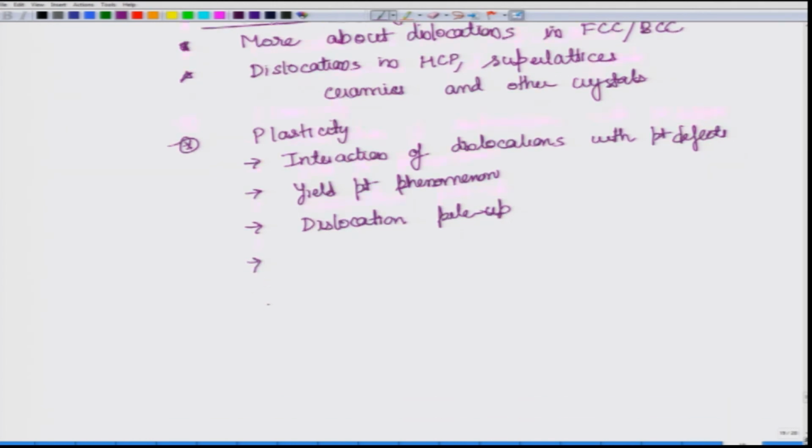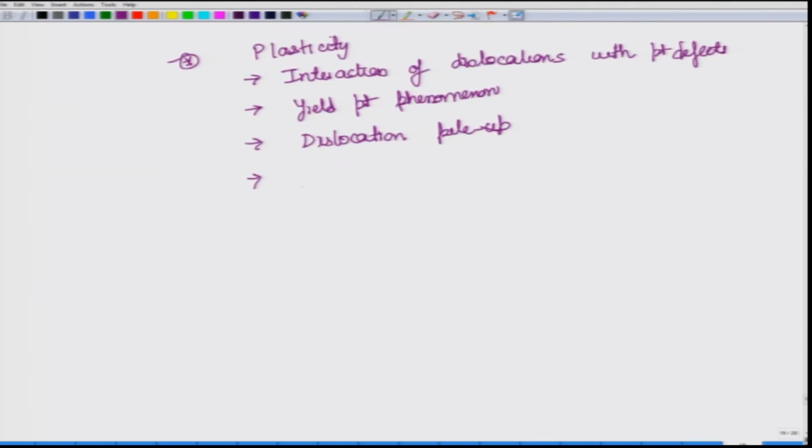We will also understand Frank-Read source of dislocation. So, somewhere the dislocations must be generated, and one of those is Frank-Read source of dislocation.